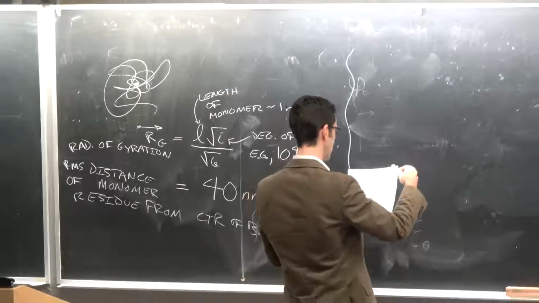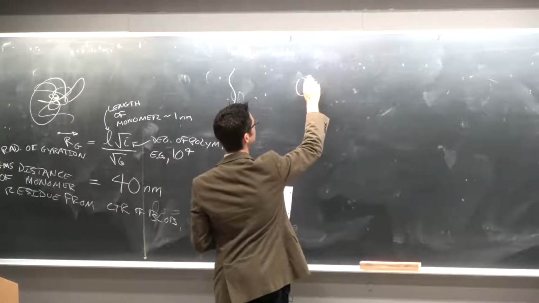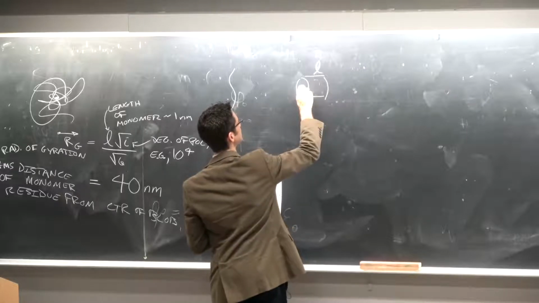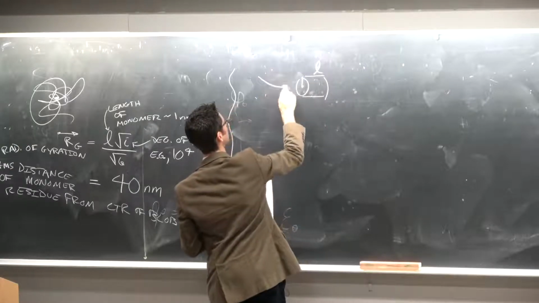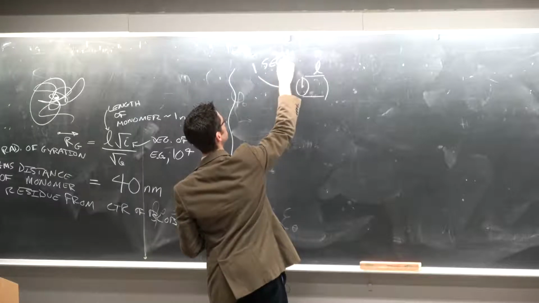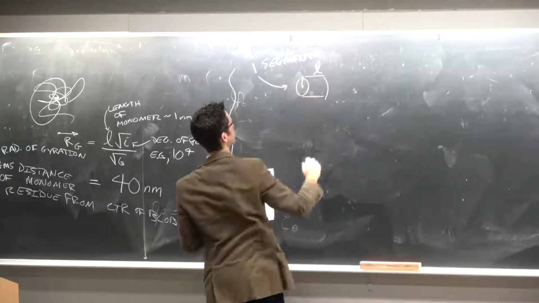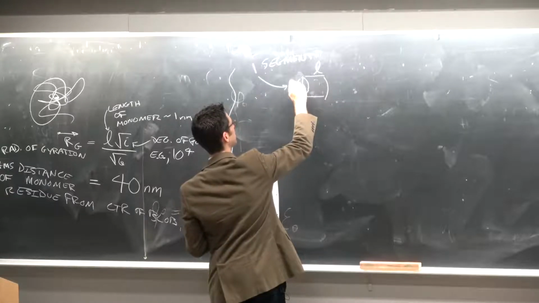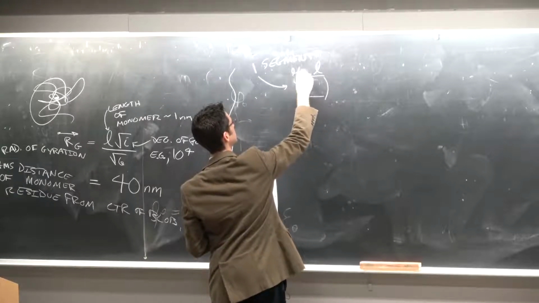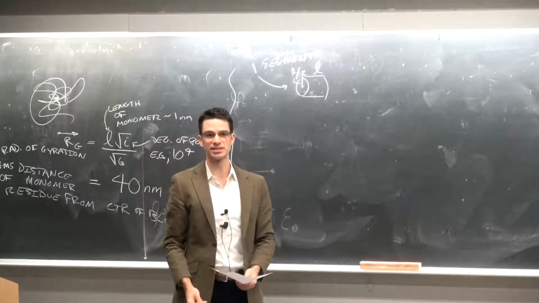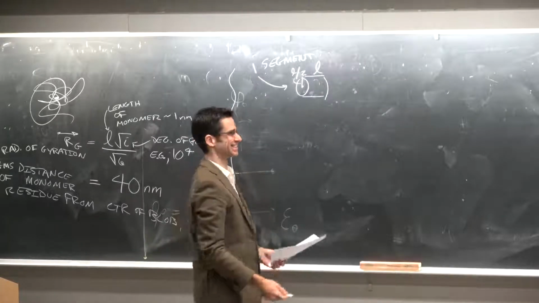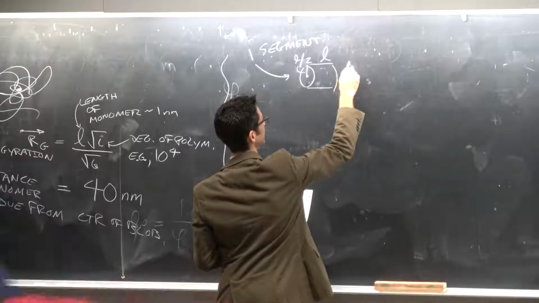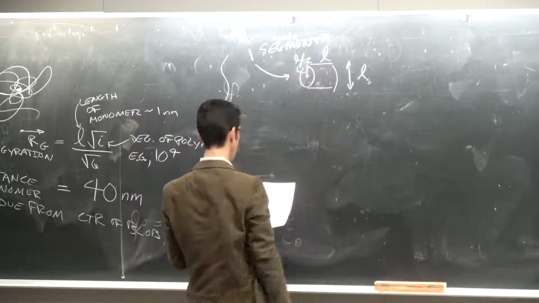If we can approximate one segment as a cylinder that has length L, and we approximate it as a cylinder with length L and diameter L and radius L over 2, so it's kind of like a square cylinder. That's not a thing, but its diameter is the same as its length, just to make the math easy.